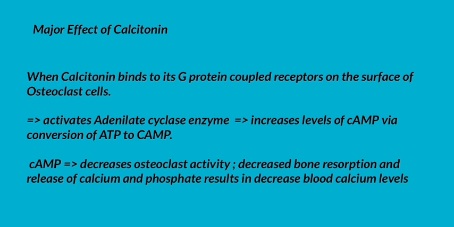Then cyclic AMP decreases osteoclast activity. Decreased bone resorption and release of calcium and phosphate results in decreased blood calcium levels.